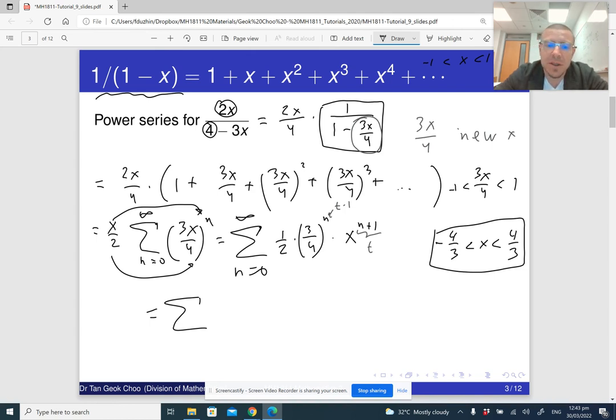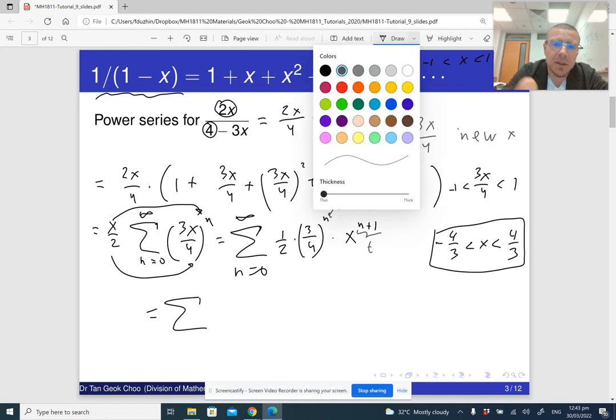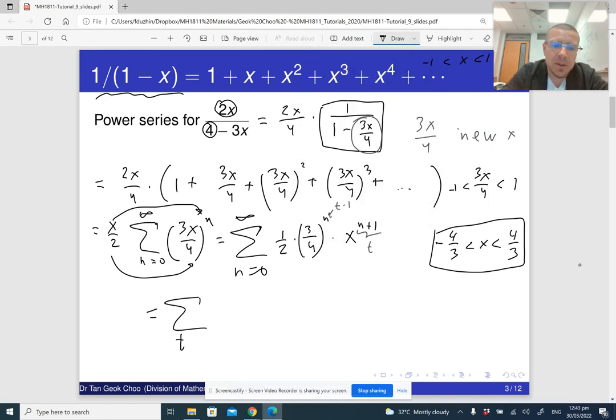So basically, you can think of this as the sum over t from 1 to infinity of 1/2 times 3/4 raised to the power t minus 1, times x to the t. But t is just a notation, so it really doesn't change anything. If you want, you can change t back to n.